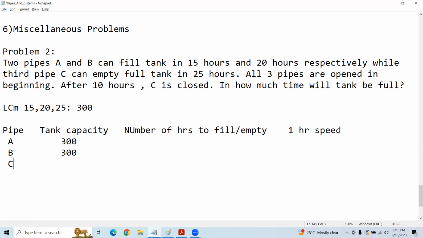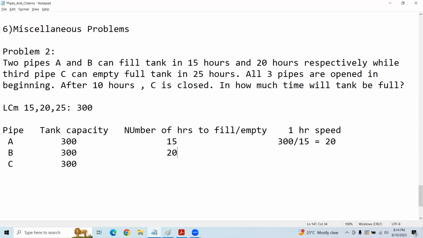What is the time required by A to fill the tank completely? 15 hours. So what is the 1 hour speed? 300 divided by 15 gives 20. So 20 liter per hour is A's speed.